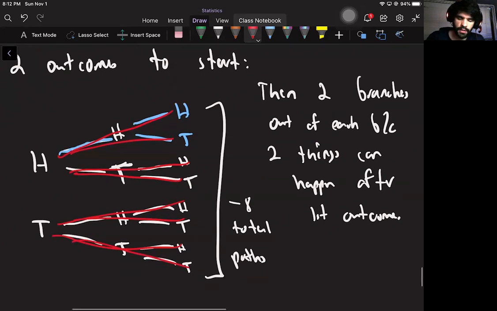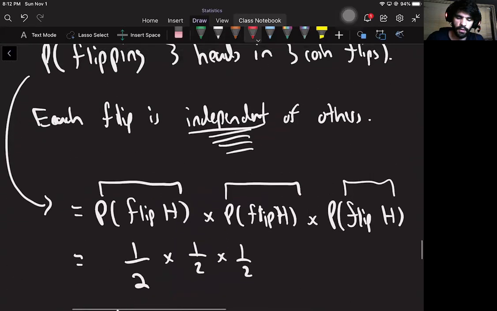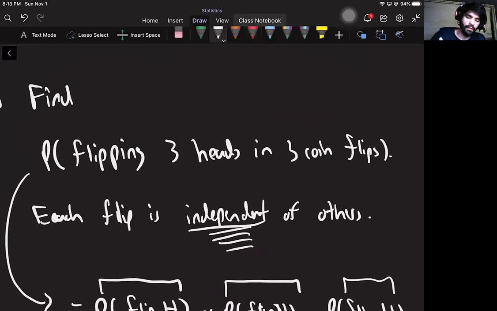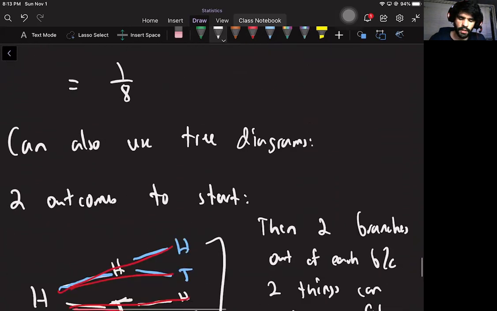Because what this is doing is telling us the bottom number in the probability, if I think about it in the original way, which is the number of ways to flip 3 coins. That's going to be what's on the bottom. So that's going to be 8. And then what's on the top is the number of ways to flip 3 heads. Well, how many ways can I do that?